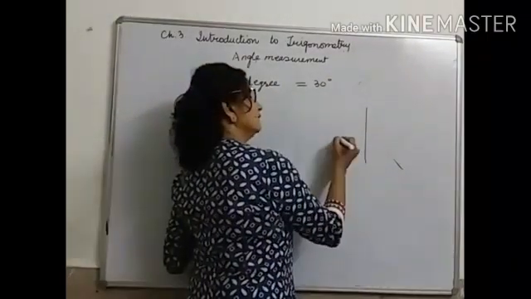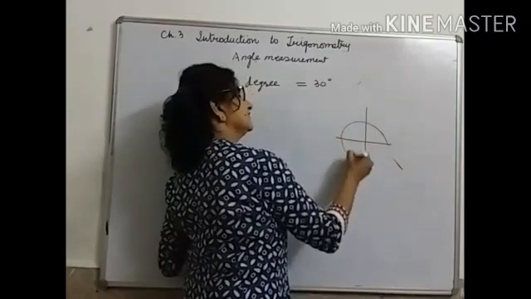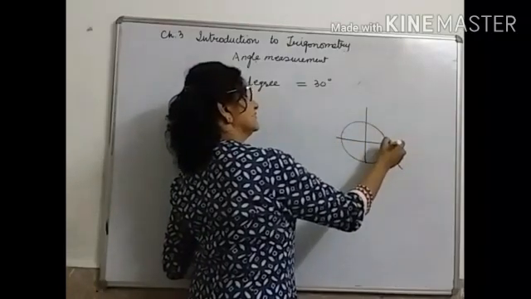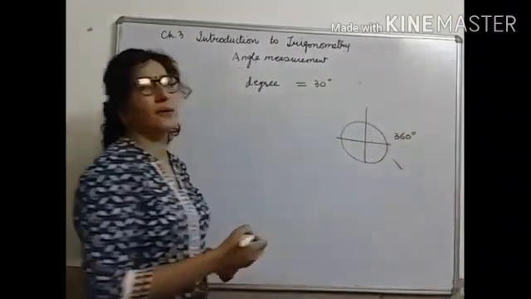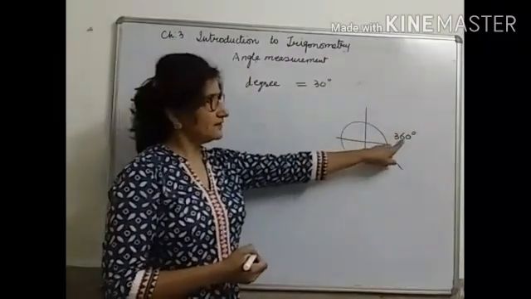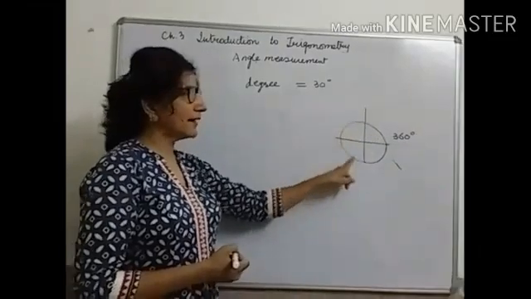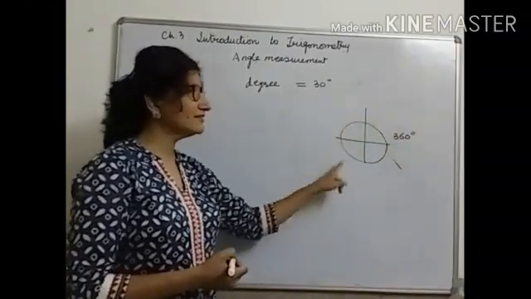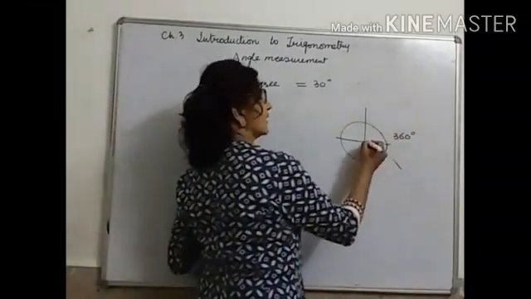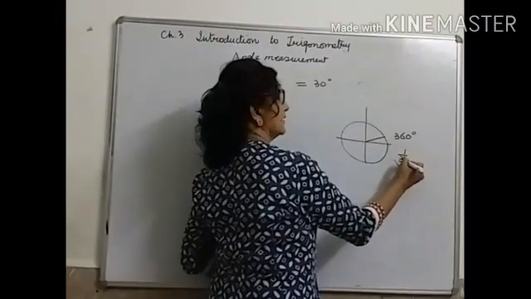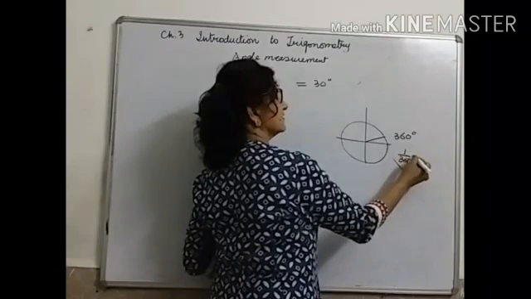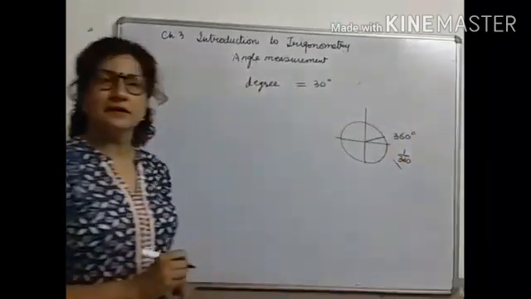We say when a circle completes a revolution, it describes 360 degree. We all know it. So 360 degree means if I divide this circle into 360 parts, each part is equal to 1 degree. So can I say that 1 degree is 1 by 360th part of this circle, right?